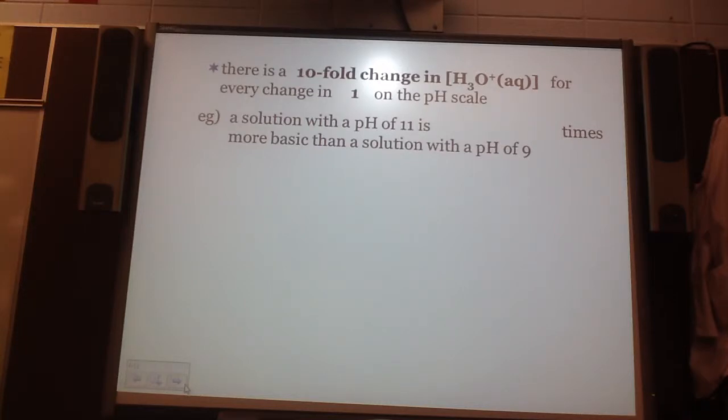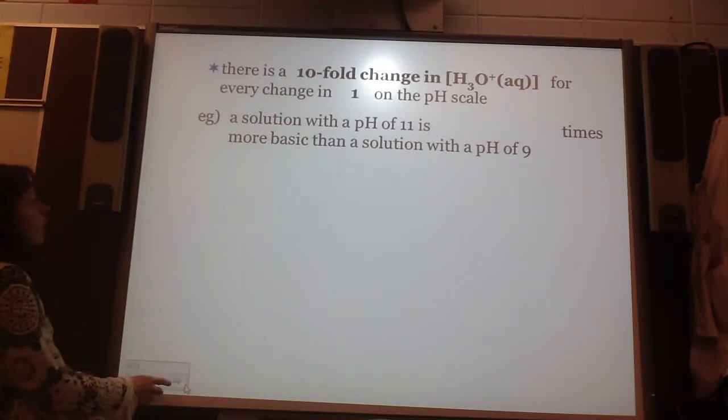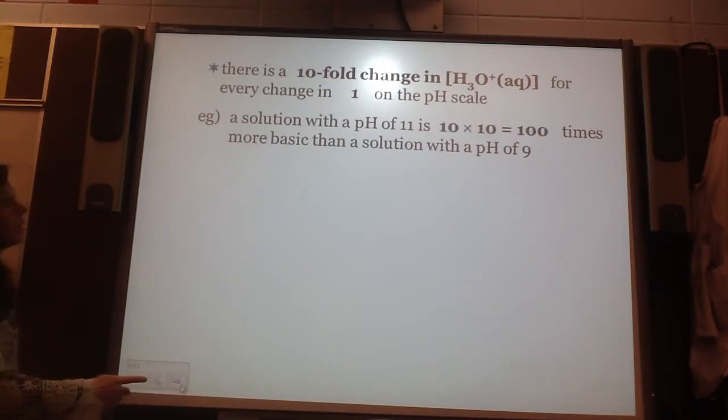It's by 10, because it's a logarithmic scale, so it all changes to the power of 10 at every unit went up. So we'll do an example where you see this. So a solution with a pH of 11 is 10 times 10 equals 100 times more basic than the solution with a pH of 9.